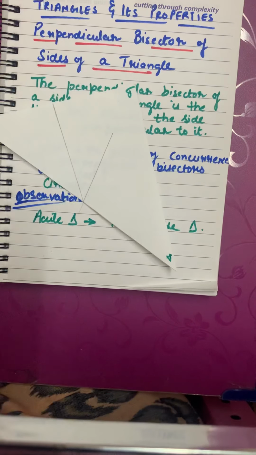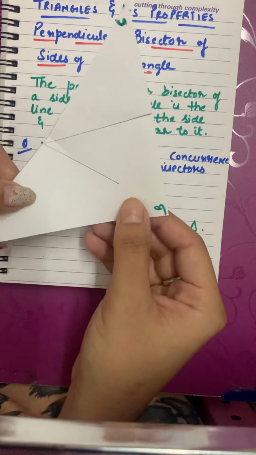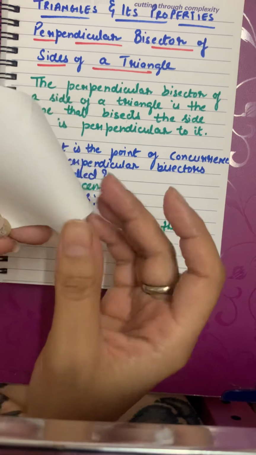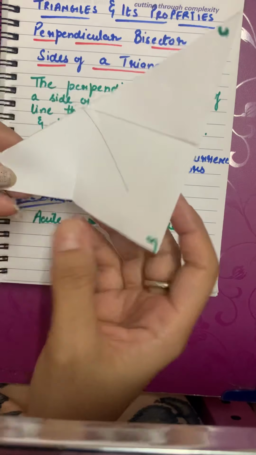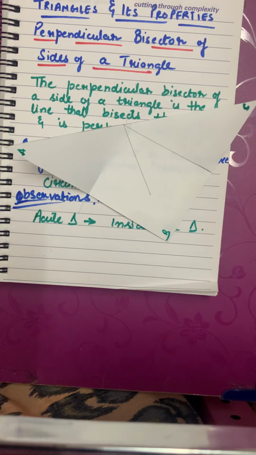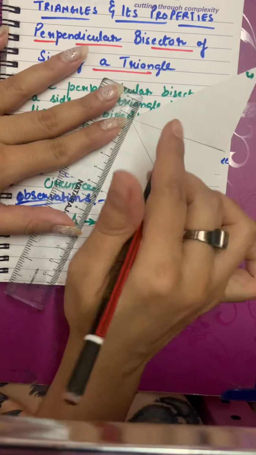This way. Now I will overlap A to B, and this point is my midpoint of AB. I'll again take my ruler and my pencil and I'll join this line.